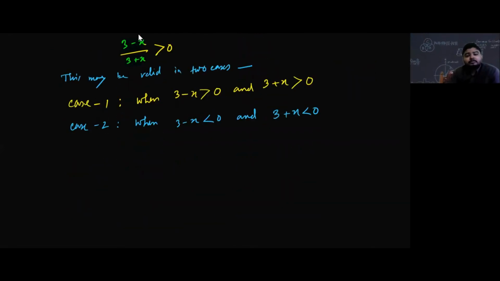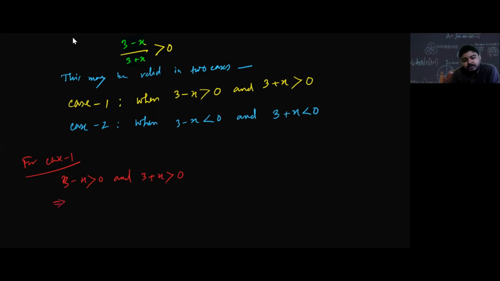So to do that, now write down for case 1. Okay. For case 1, what do we have here? We have 3 minus x is greater than 0, and 3 plus x is greater than 0. So from here we see 3 is greater than x, and 3 is greater than minus x.